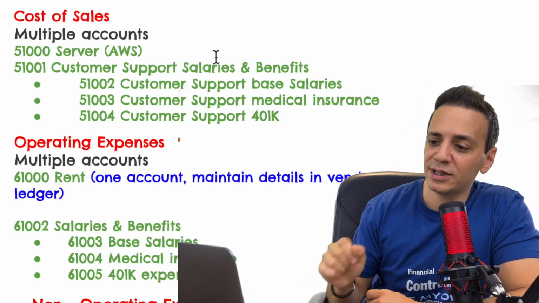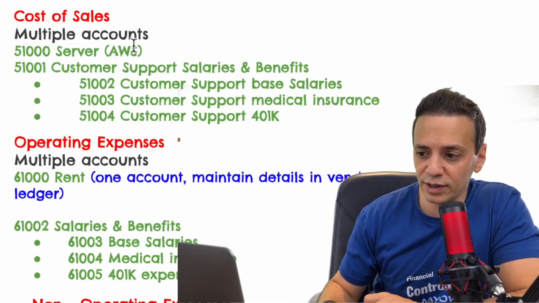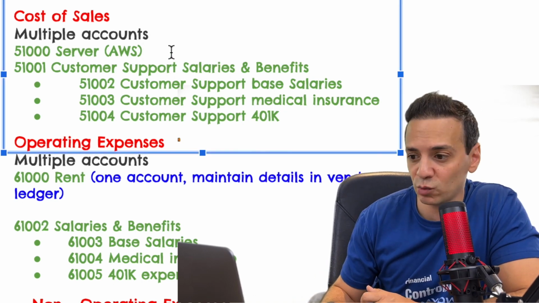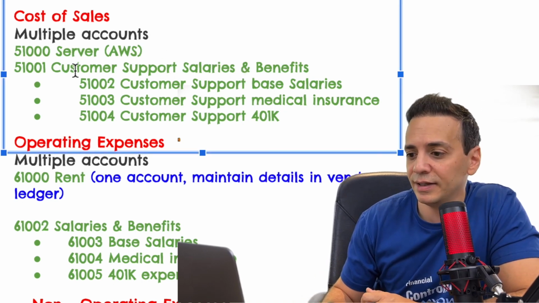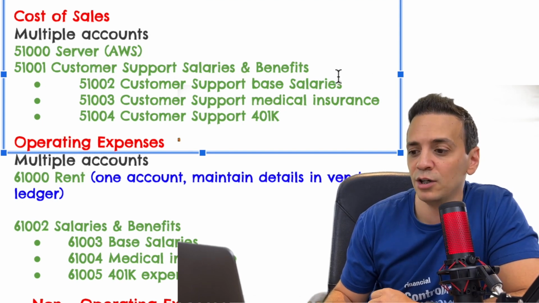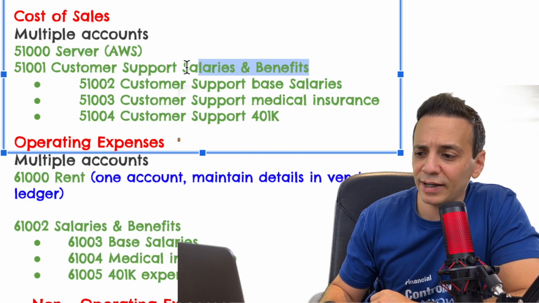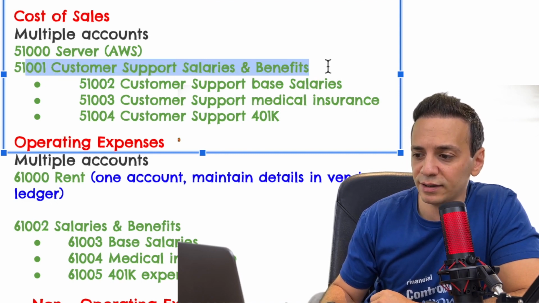And so in this case here, we identified that the things that are going to be associated with cost of sales are going to be server costs or Amazon Web Services, and the customer support salaries and benefits, right? So you create one account for AWS and then one parent account for customer support salaries and benefits.